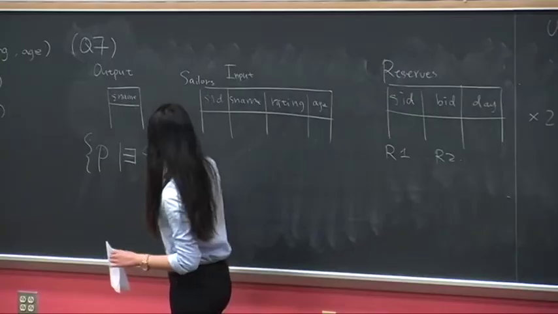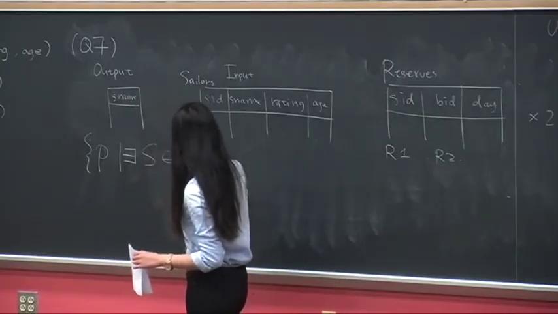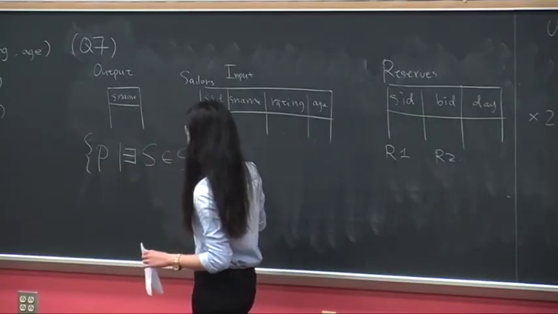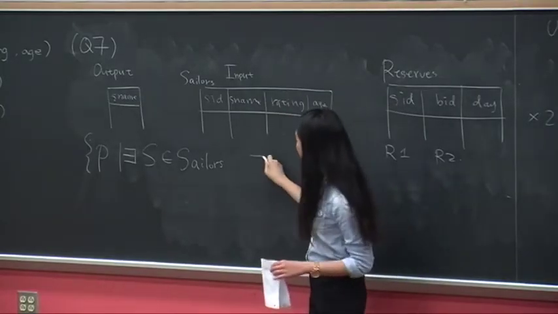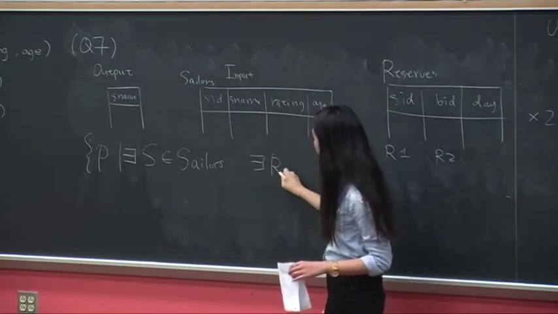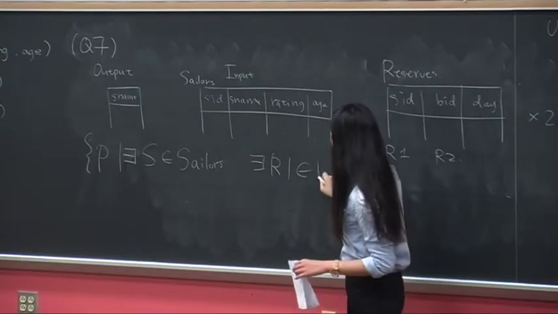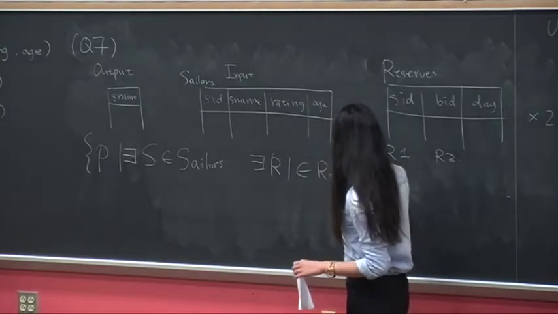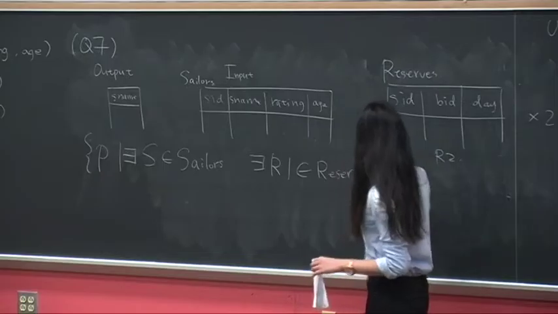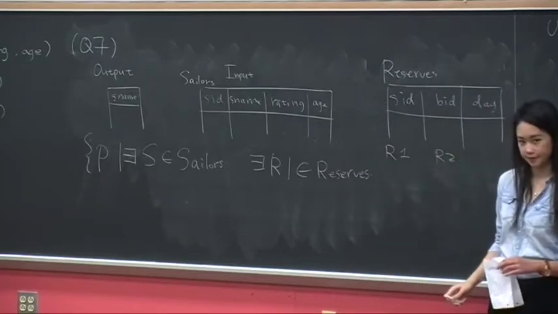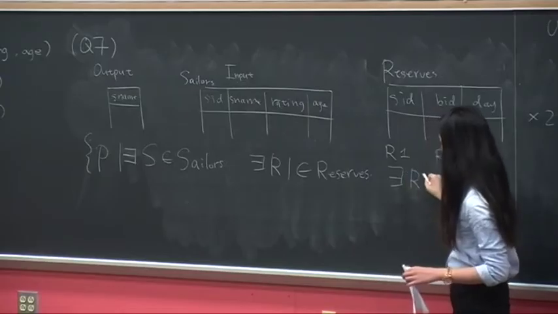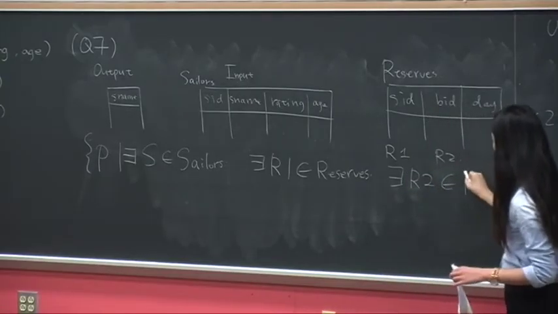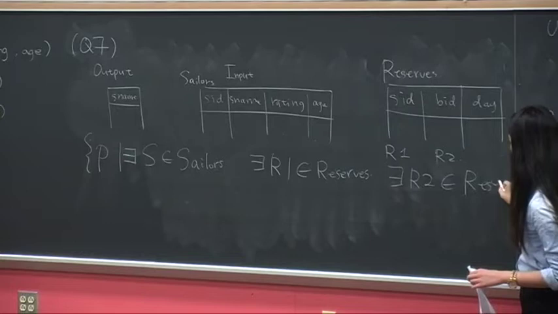Okay, we start from S, that is from sailors. Okay. Then we have R1, that is from reserves. Okay. Then we have what? R2, who's also from reserves.